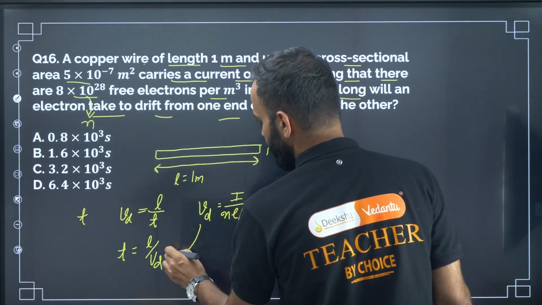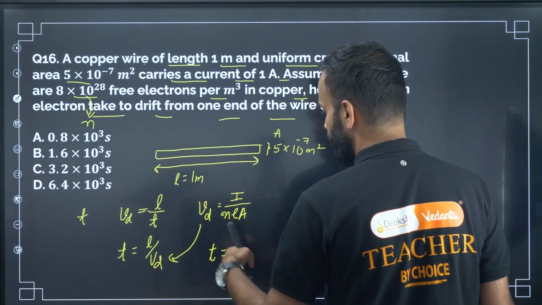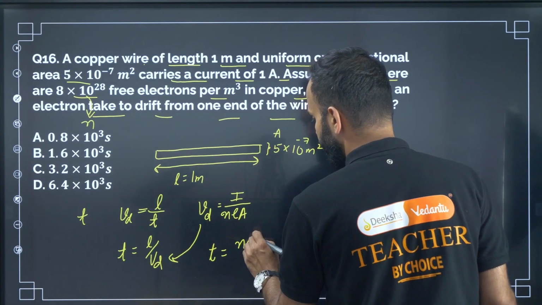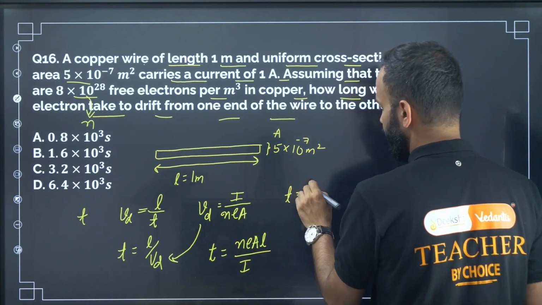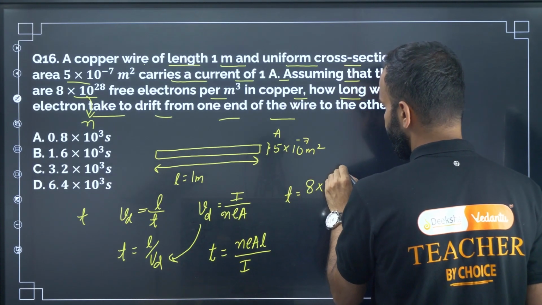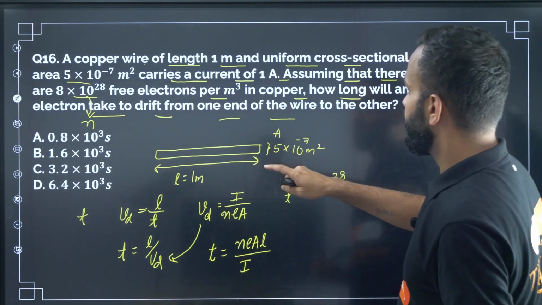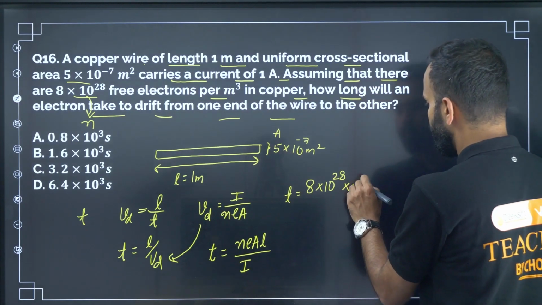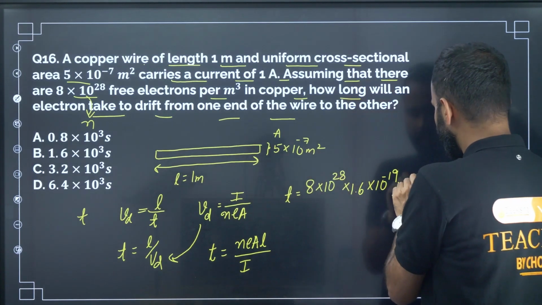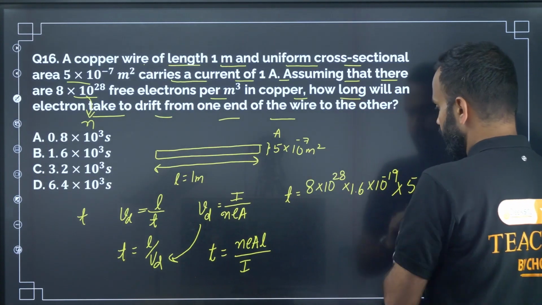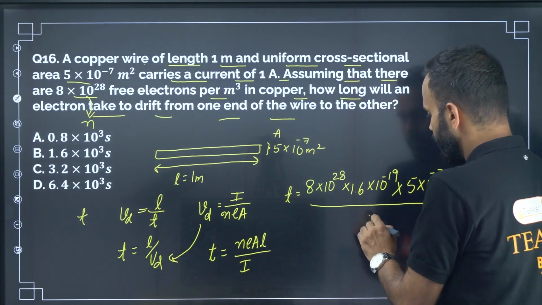Now substitute this Vd expression into the expression for t, and you will get t equal to N E A L divided by I. So t equals N, which is 8 into 10 to the power 28, into E, the charge of the electron, 1.6 into 10 to the power minus 19, into A, which is 5 into 10 to the power minus 7 meter squared, into L, which is 1 meter, divided by I, which is 1 ampere.